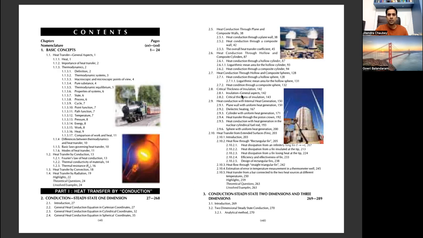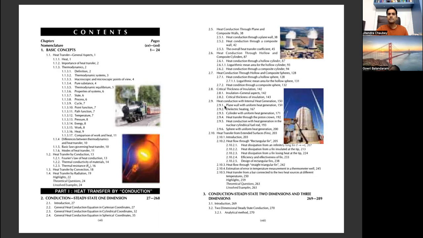Then it talks about critical thickness of insulation, that we will need to discuss. Apart from that, we have just covered the walls and slab kind of numericals. We haven't yet discussed the cylinder and sphere type of numericals. They have explained conduction through hollow sphere and composite cylinders. It is very important to understand those.